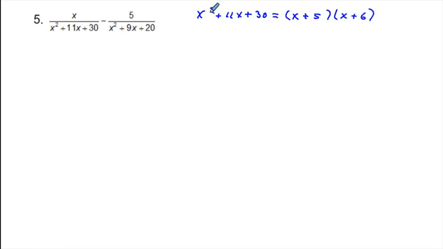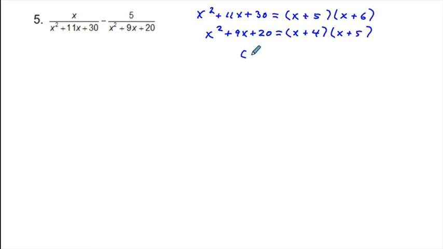And next we have our other denominator, x squared plus 9x plus 20, and that's going to be equal to quantity x plus 4 times quantity x plus 5.